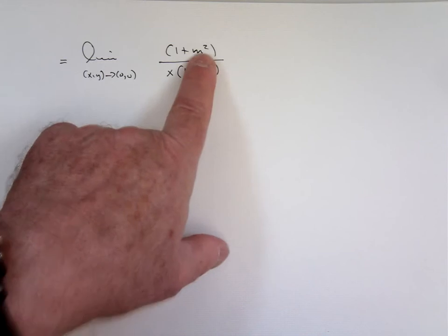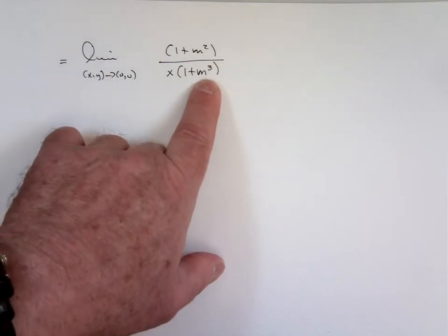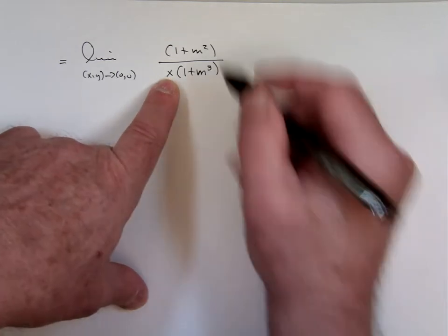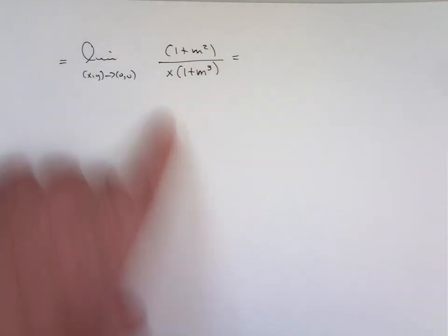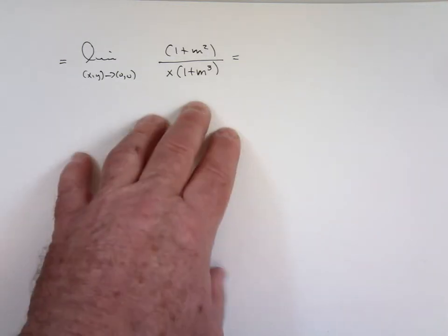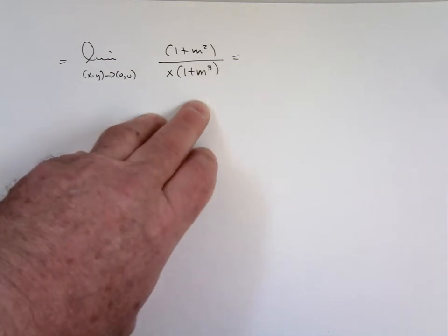The m's, whatever constant they are, it doesn't matter, as long as the x is going to go to 0. This is going to go to infinity. Not only does it go to infinity, it goes to positive infinity if we approach 0 from the right. It goes to negative infinity going from the left. Okay, it goes to two different infinities. The answer here is this limit does not exist.